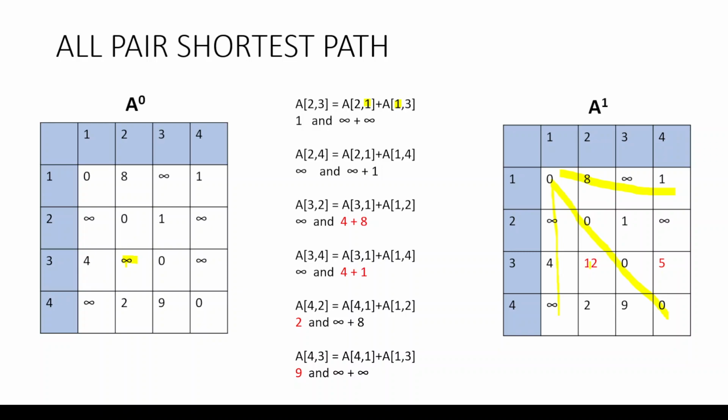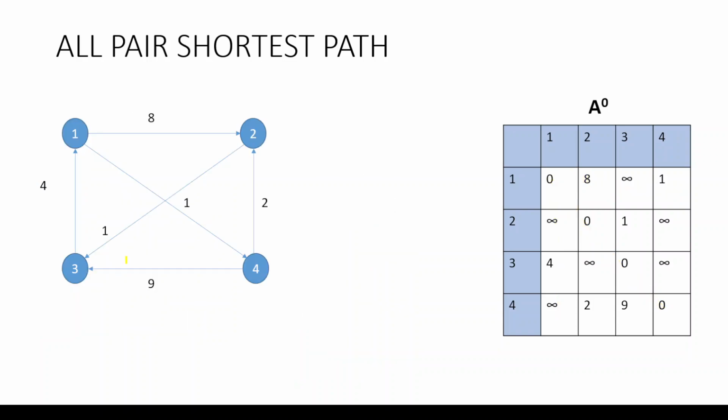What is the meaning of that? When I add an intermediate node 1, there exists a path between 3 and 2 through 1 which is a shorter distance than the direct 3 comma 2. Let's look into the graph once. I was trying to find the distance between 3 and 2.